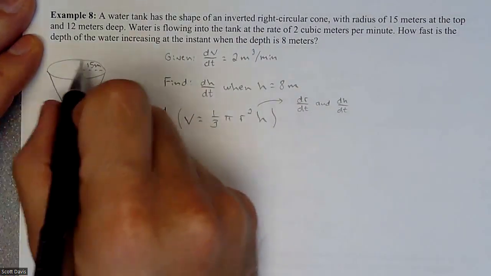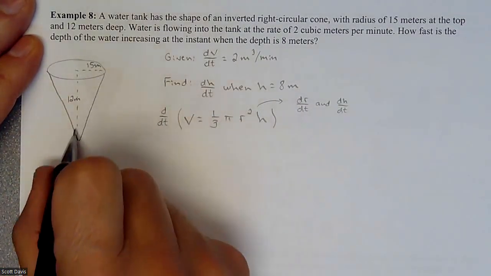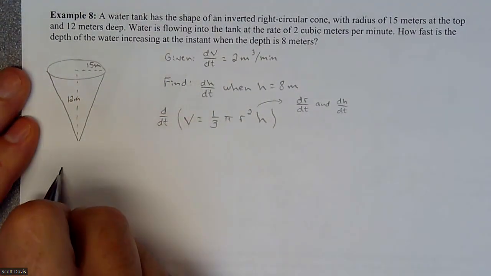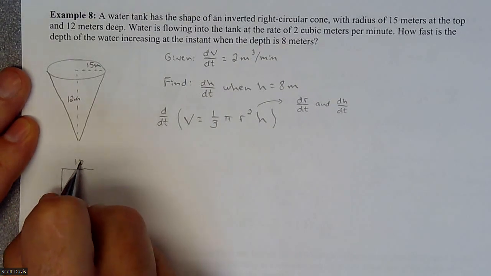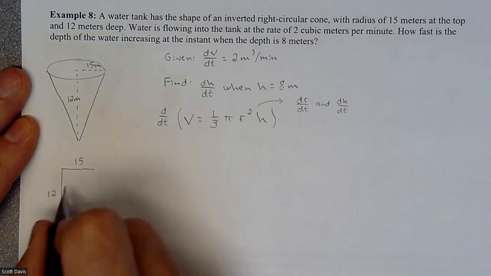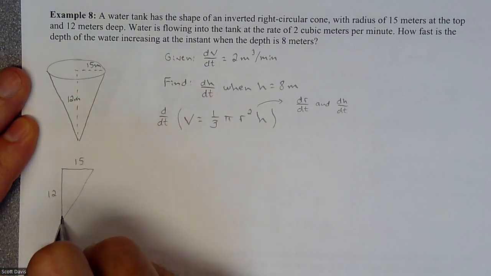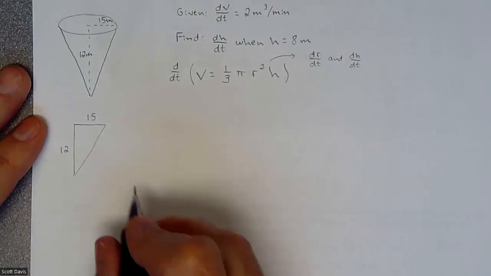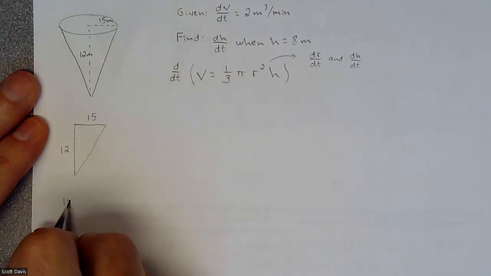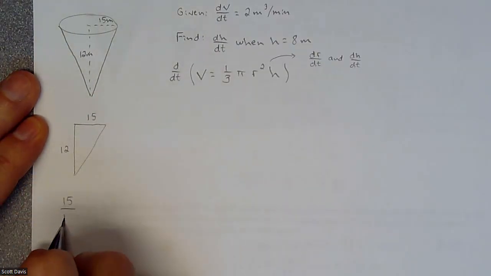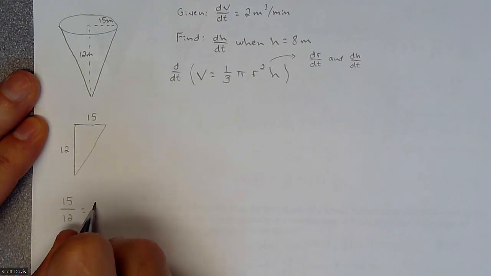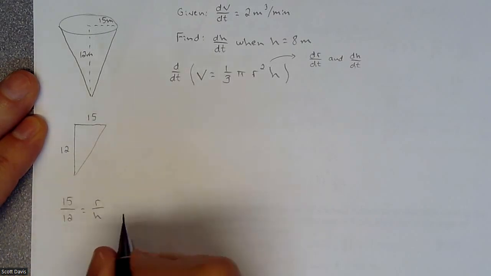So here's where, let's just take this triangle in particular. We're looking at this triangle that is 15 and 12, right? So we actually have a proportion. The 15 and 12 is the proportion of the radius compared to the height.